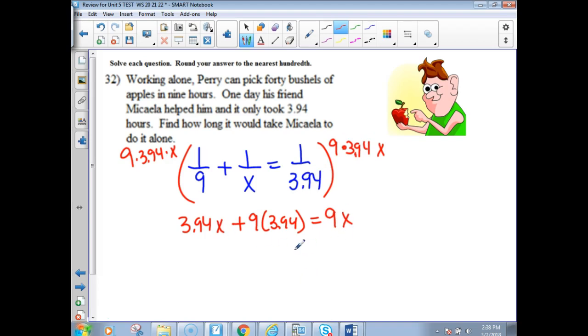Okay, so let's subtract 3.94x, and someone multiply that out for me so I don't have to think so hard. 35.46 here. Okay, and then 9x minus 3.94x, that's going to be 5.06.